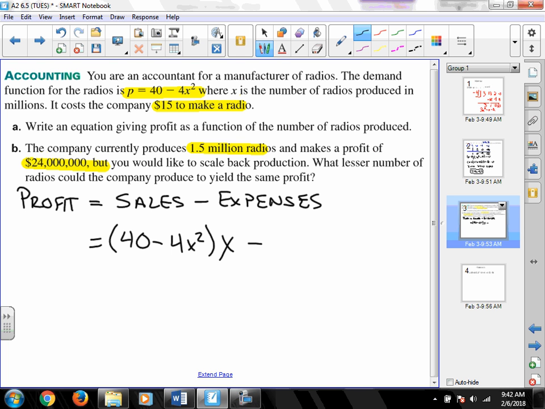And our expenses, if it's $15 to make a radio, how do I find my expenses? So just a flat fee of $15. So we're going to go 15 times however many radios we make.